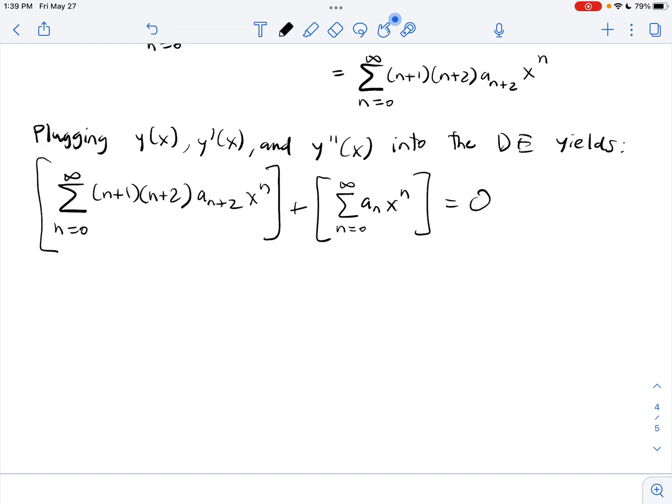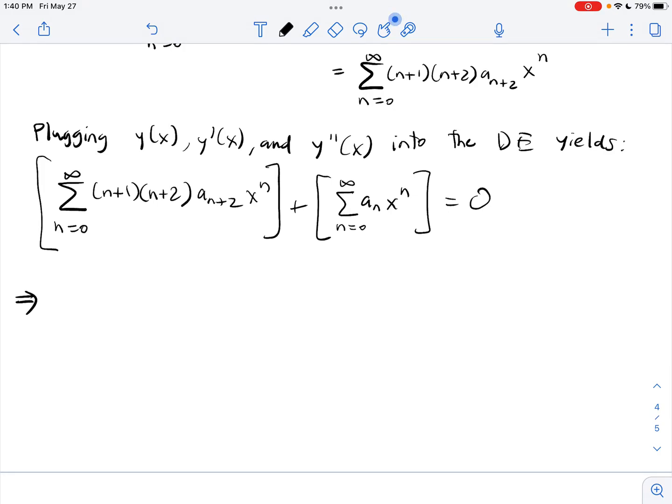Okay, so here comes the combining like terms step. We know that we have an x to the n, and so if you think about it, we're adding two polynomials, or two infinite polynomials, I should say, that all have x to the n growing, so I can combine like terms and turn this into a single series. So this means I can write it this way.